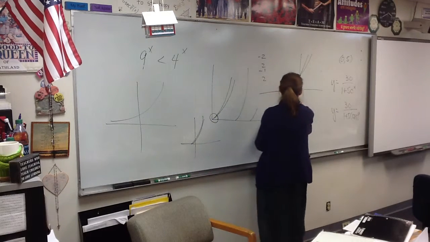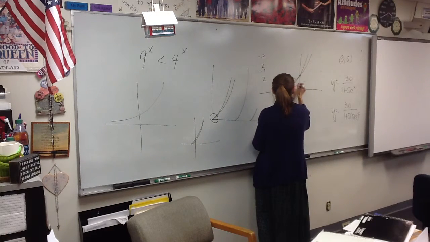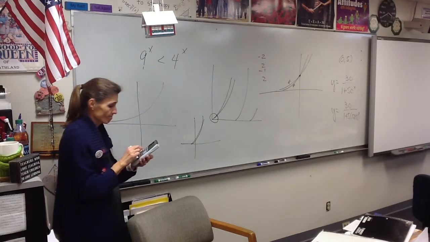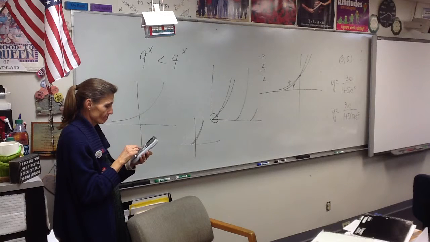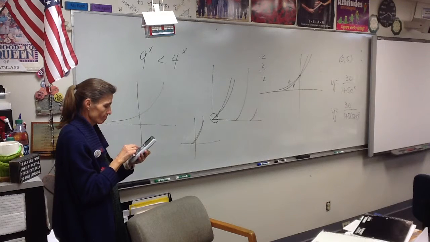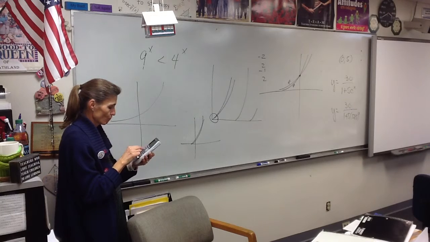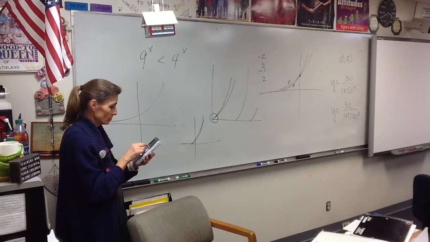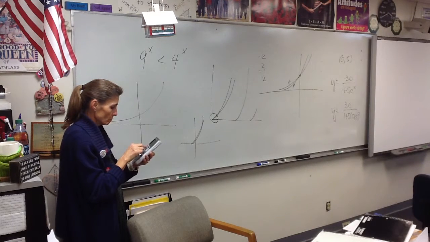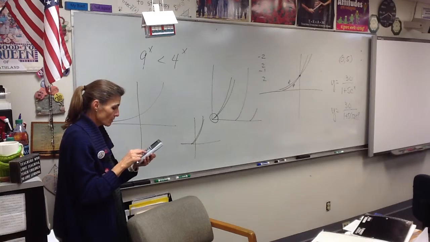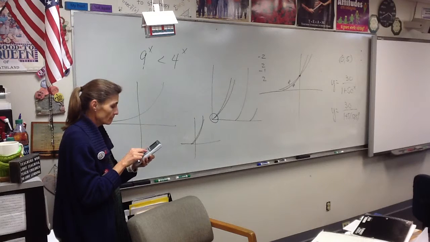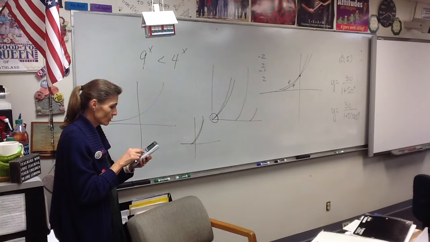Okay, the bottom one is 4 to the x, and this one is 9 to the x. Okay, how do I find where they cross each other? I have to do my intercept, so I'm working on that right now.